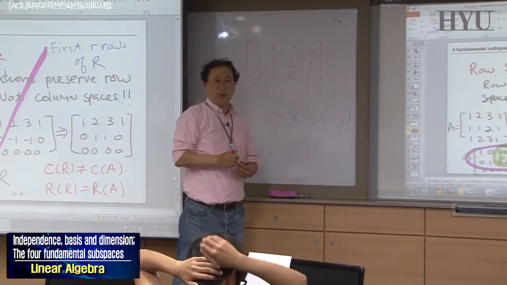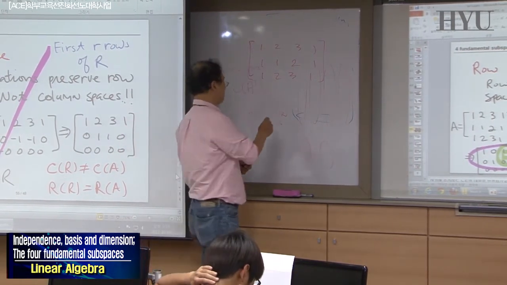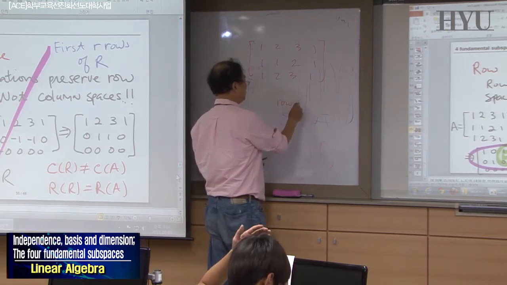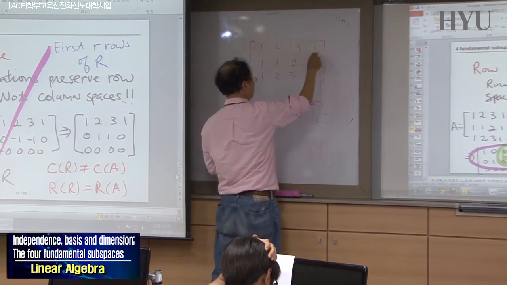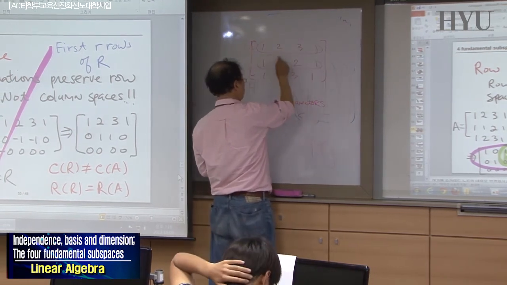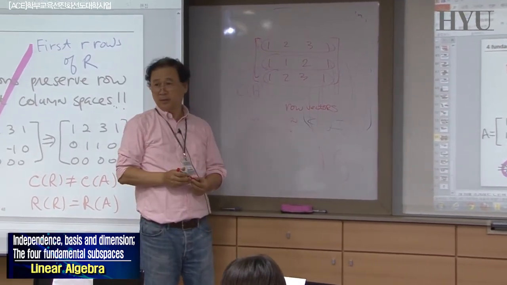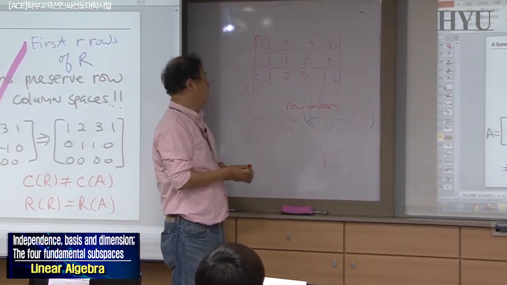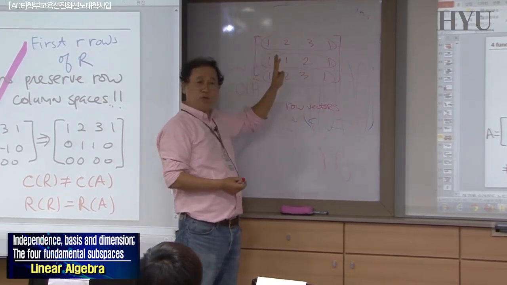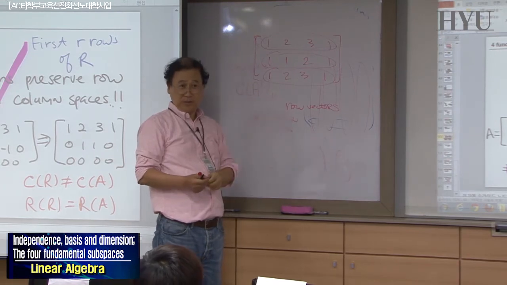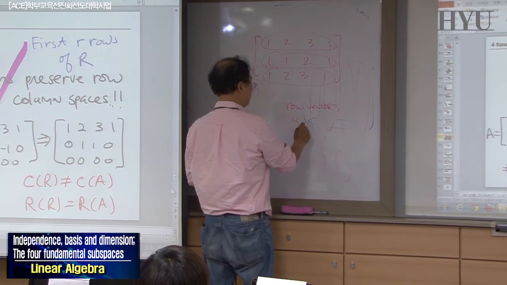Are these vectors independent or not? I mean the row vectors. This is the first row vector, right? This is the second row vector. This is the third row vector, right? This is identical, right? So this is identical, you can remove it. So only 2 independent row vectors, right? So here the rank is 2.